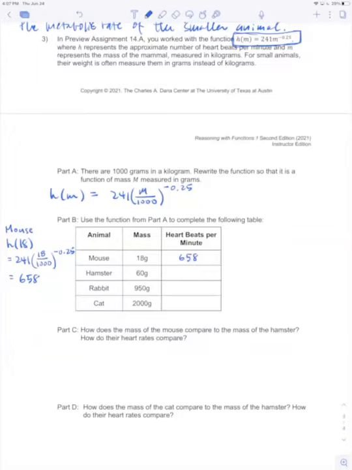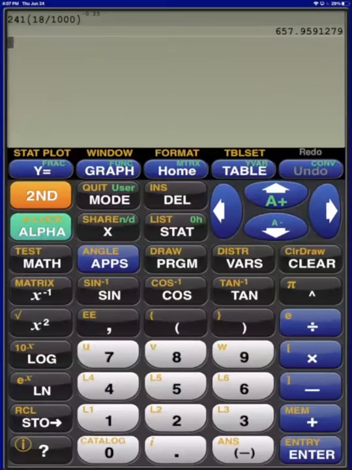Let's do the same thing. We'll do the hamster next. And then we have h of 60, equals 241 times 60 over 1,000 raised to the negative 0.25 power. Back to the calculator, and why don't we do this?